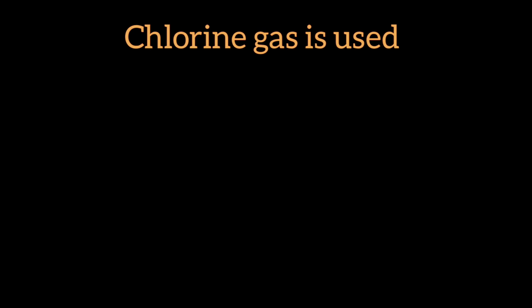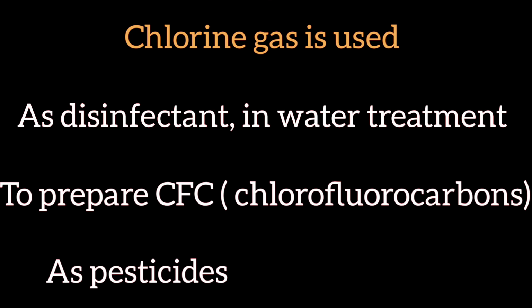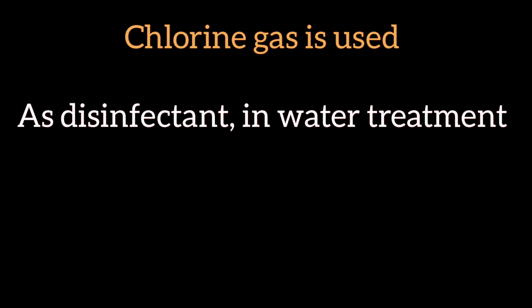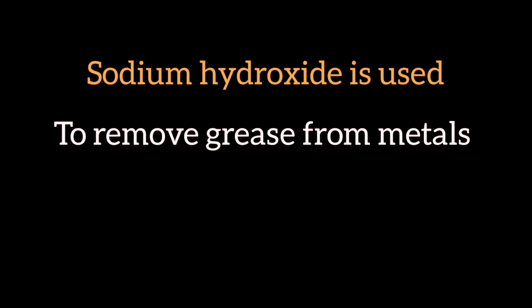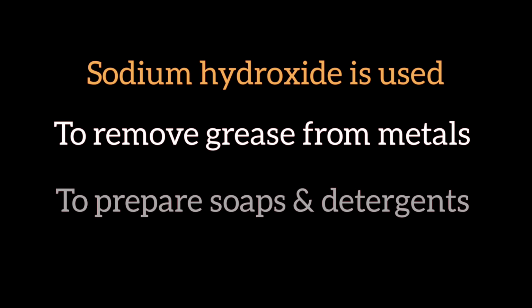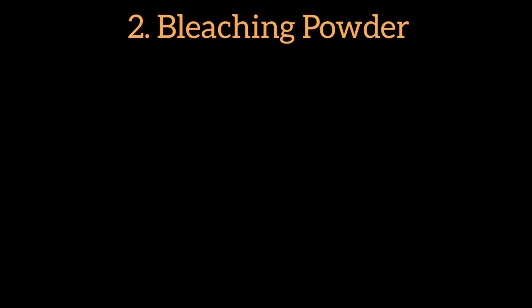Chlorine gas is used as disinfectant, for example in water treatment, to prepare CFC, that is chlorofluorocarbons, and as pesticides. Sodium hydroxide is used to remove grease from metals and to prepare soaps and detergents, in paper making and artificial fiber making.